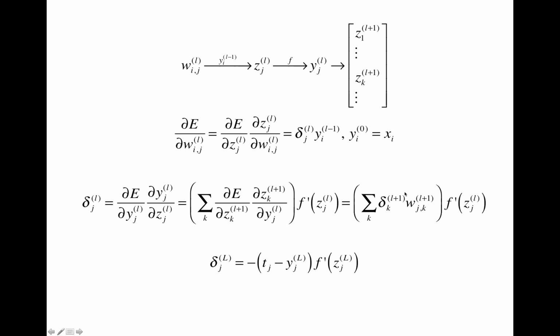So if we know the deltas in the top layer, say layer capital L, then we can compute the deltas for lower layers successively. We start with the deltas in the top layer, then move down to the layer just beneath it, then one more layer, going gradually from the top layer to the bottom layer.